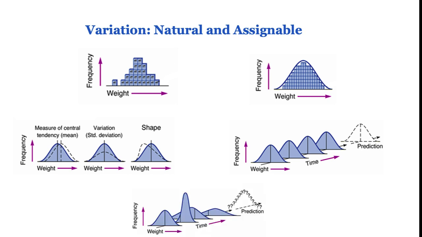If assignable causes of variation are present, the process output is not stable. So what is an assignable cause of variation? They are variations that are not inherent to the process.